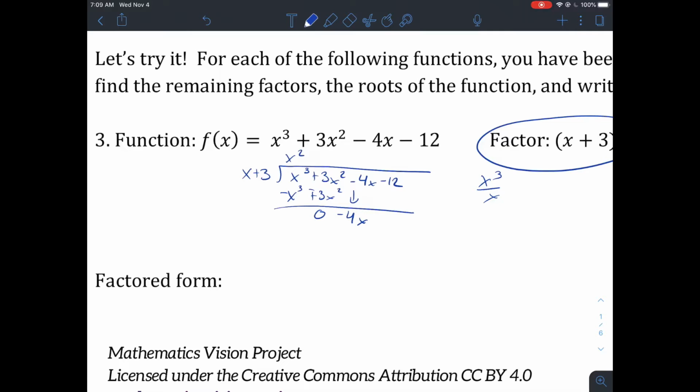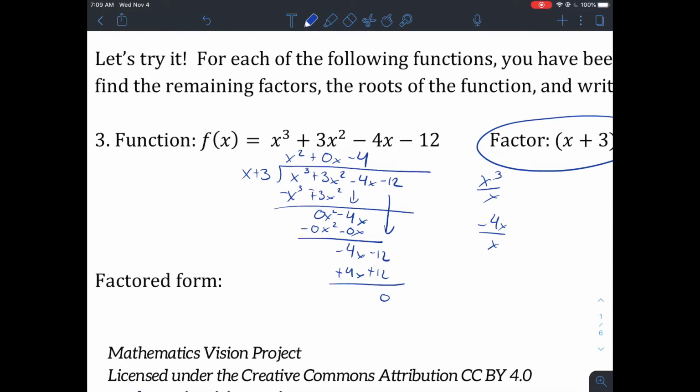So if we do 0x squared divided by x, we get 0x. Then we'll do our subtraction of 0 here. We end up with negative 4x, bring down our negative 12. And we do our division, so negative 4x divided by x is going to give us a negative 4. So we're going to do negative 4x minus 12, change the signs, and we get 0 as our remainder.